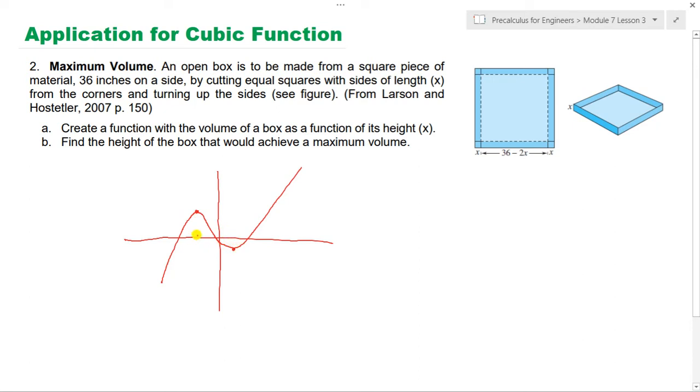So for a single graph, it has a maximum value and also a minimum value.